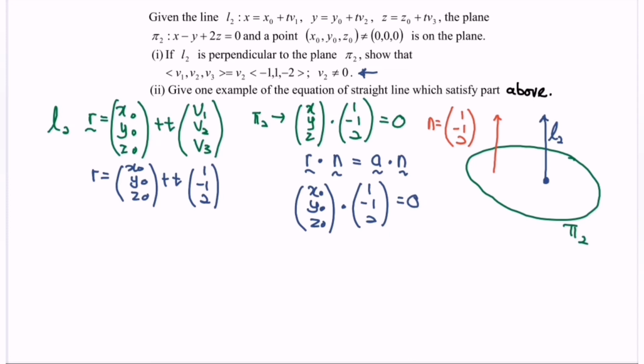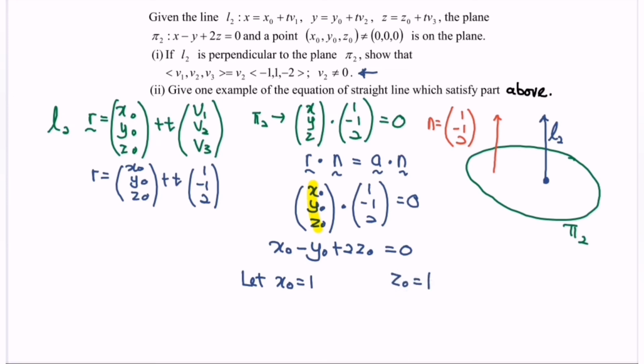The question asks us to give one example, so we are interested in finding the point A, which is x0, y0, and z0. Let's say we have x0 minus y0 plus 2z0 is equal to 0. For example, let x0 be 1, and z0 also be 1.